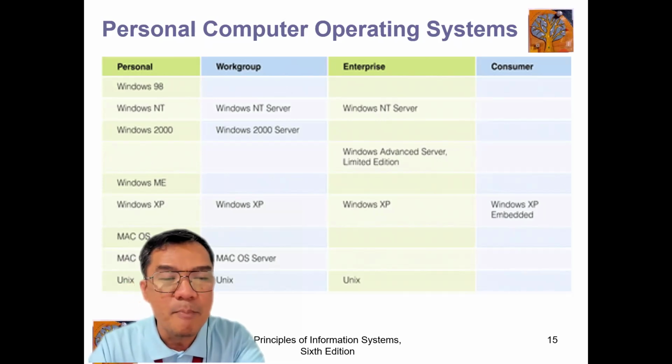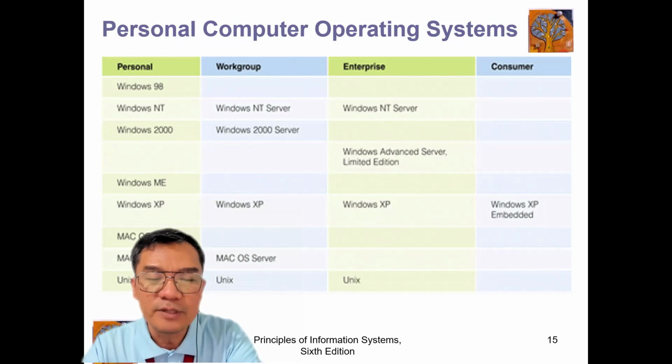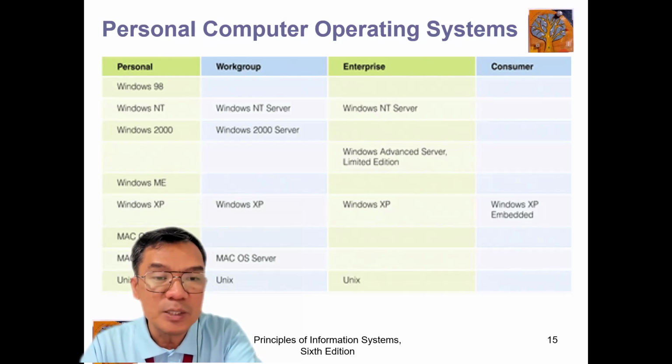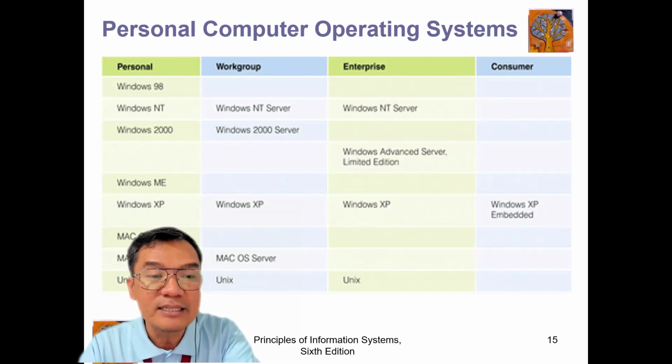The basic support of the previous operating systems, particularly Windows OS or even Linux, covers these three or four groups. For example, Windows 98 was designed for personal use and not intended for workgroup, meaning if you want to connect your computer to another computer, it would not be good for Windows 98 to support that functionality.